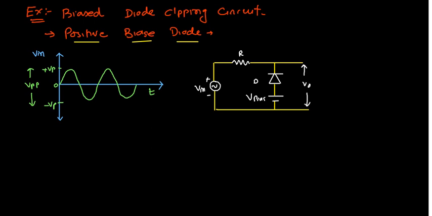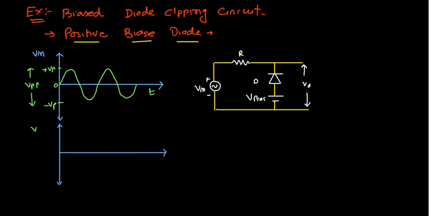So now let me draw that one over here. Below this V input I am drawing V output so that you can understand how, in both the positive half cycle and negative half cycle, the diode is reacting to open circuit or short circuit, forward bias, reverse bias, everything.